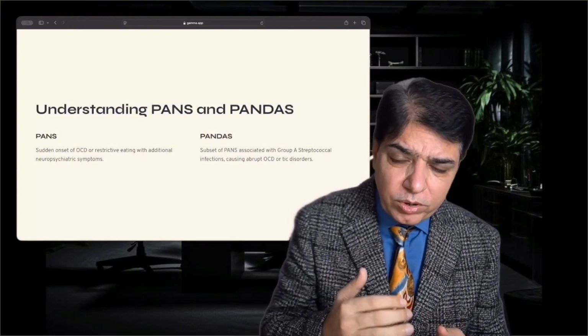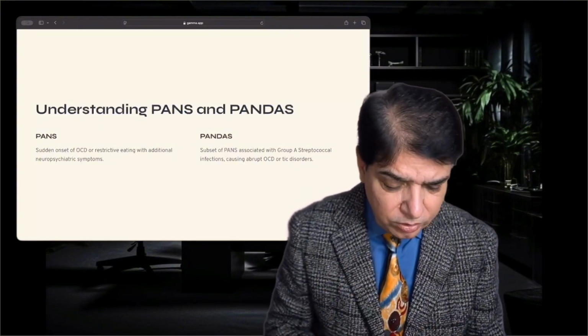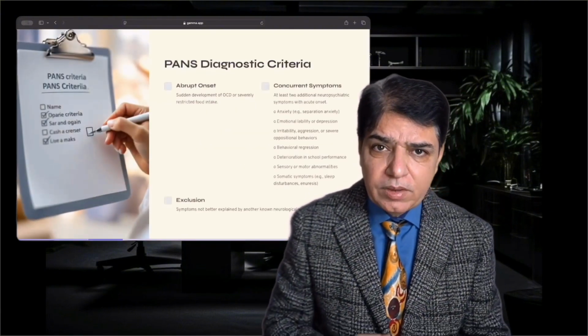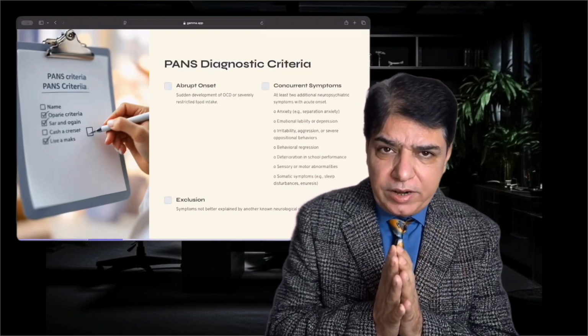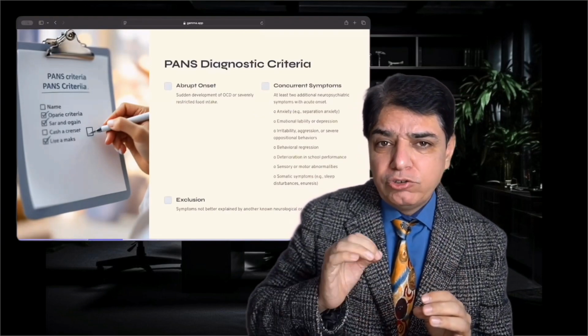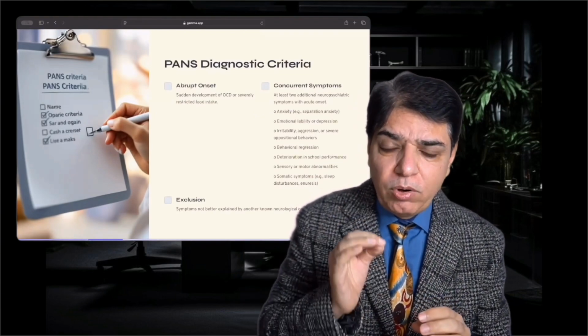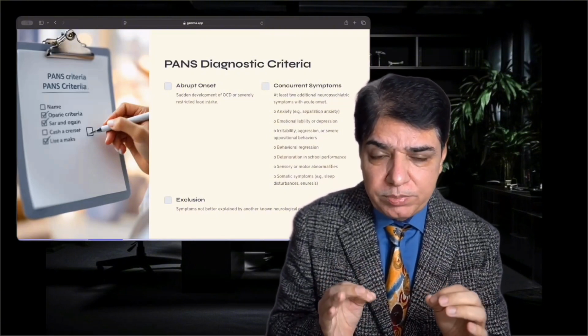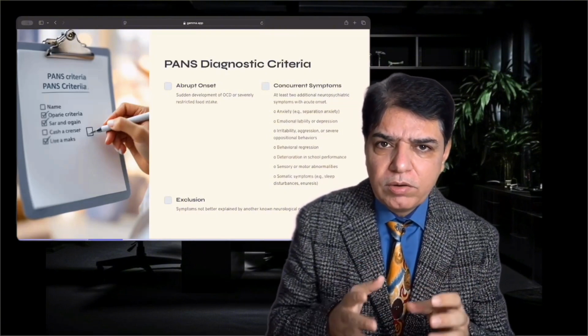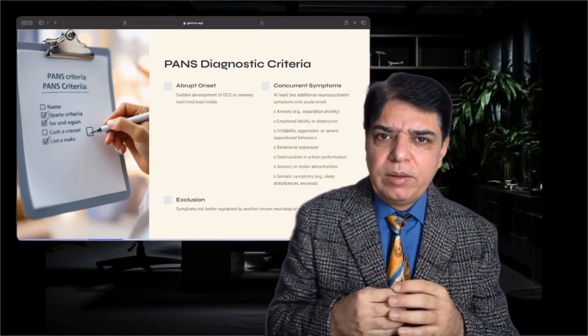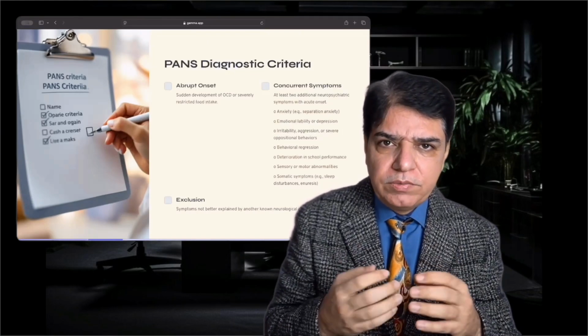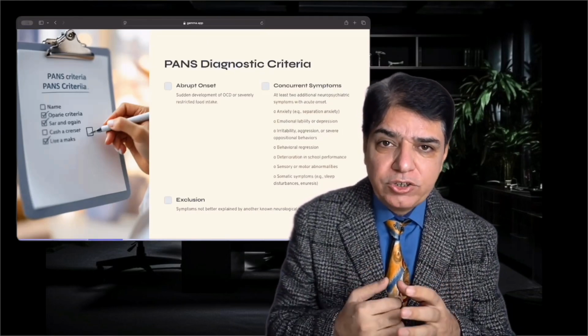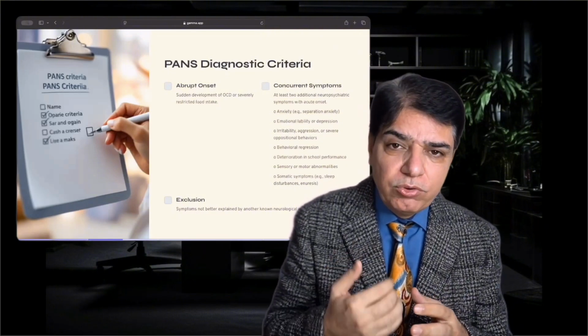Going a bit more into the diagnostic criteria for PANS and PANDAS. For PANS, the diagnostic criteria, number one, is that there should be a sudden and abrupt onset. So as I told you earlier, this child would not be having any past medical history of mental health symptoms, and all of a sudden, this child develops an obsessive compulsive disorder, or that child goes on severe food restriction.